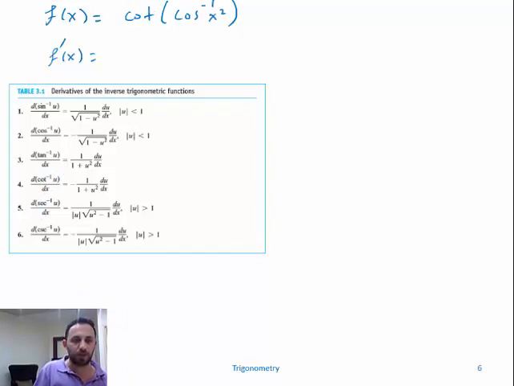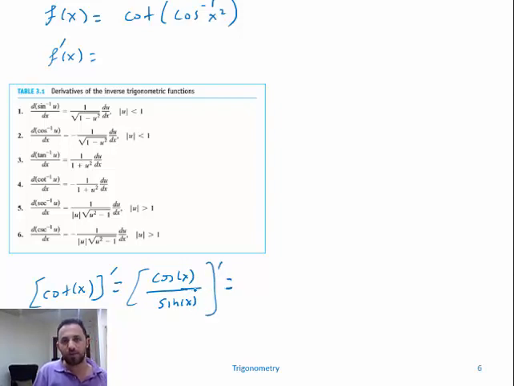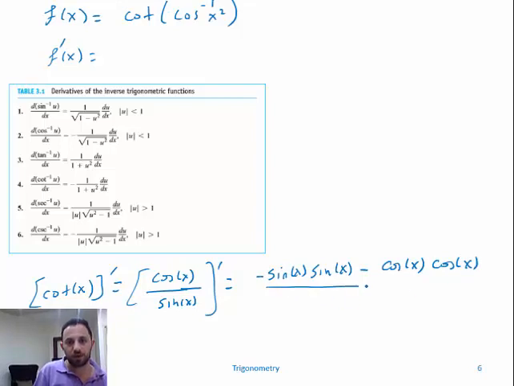So the derivative of cotangent of x: cotangent is defined as cosine over sine. Using u prime v minus v prime u over u squared, the derivative of cosine is minus sine, multiplied by sine, minus the derivative of sine, which is cosine, multiplied by this cosine, over sine squared.